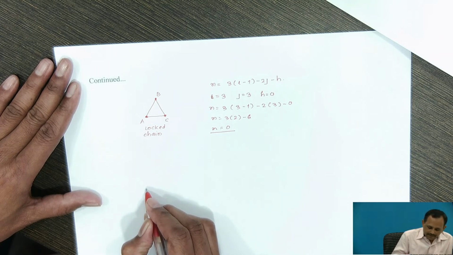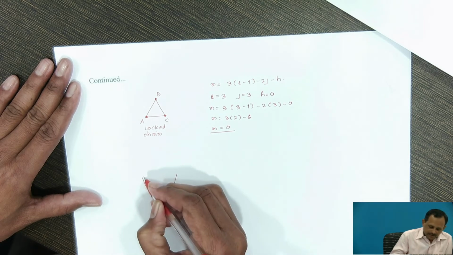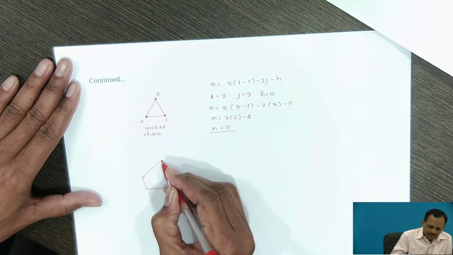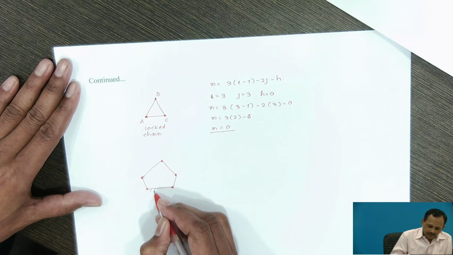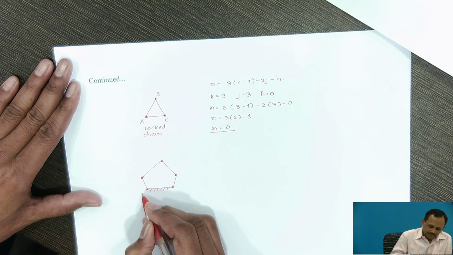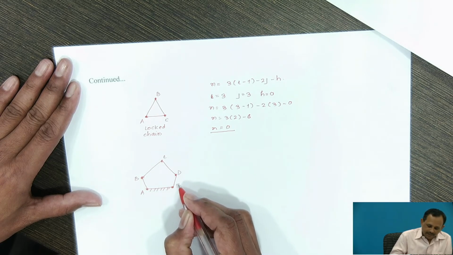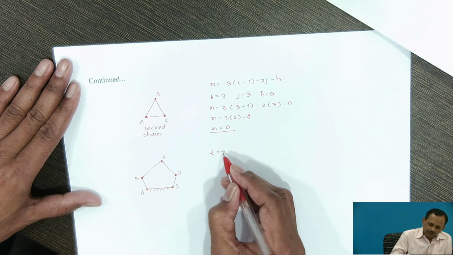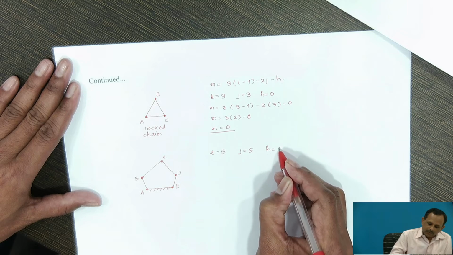Similarly, if we consider a chain with 5 links where one of the links is kept fixed, it is connected at A, B, C, D, E. So, number of links is 5, number of joints is 5, higher pairs equal to 0.